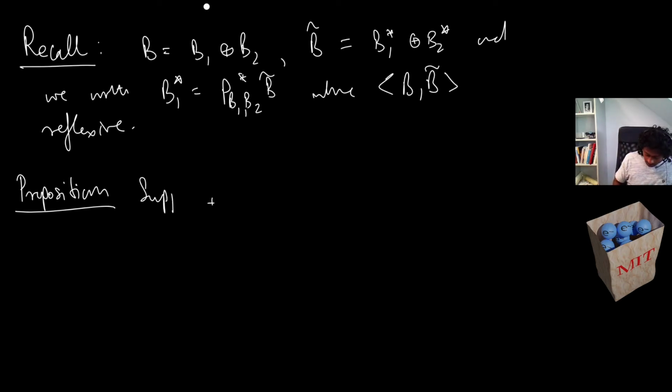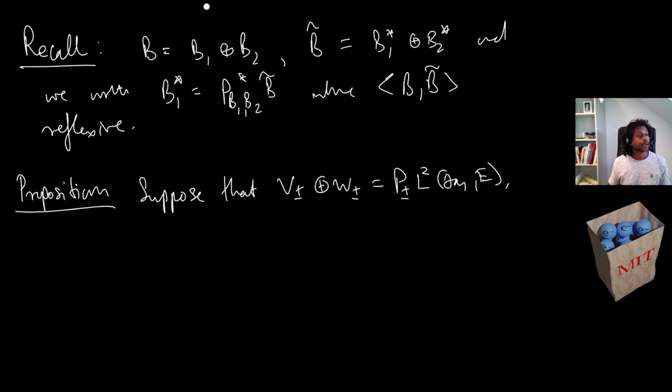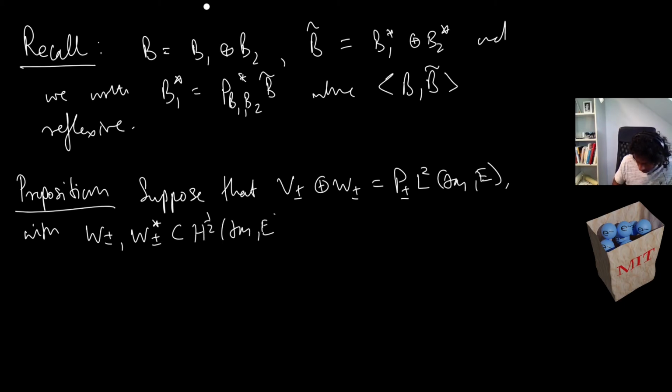Suppose that V plus minus plus W plus minus is equal to P plus minus L2 ME, with W plus minus and W plus minus star in H a half finite dimensional. Okay.